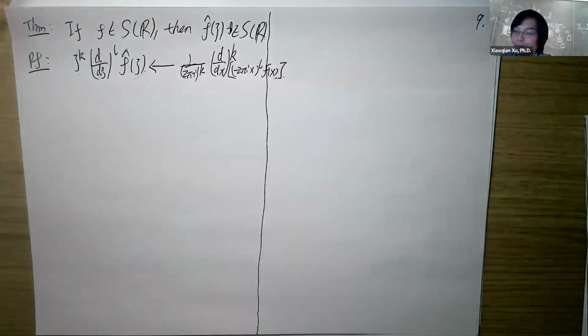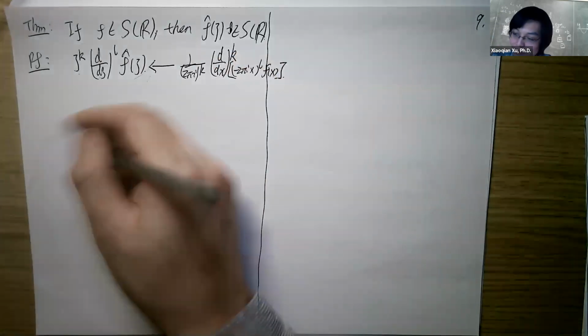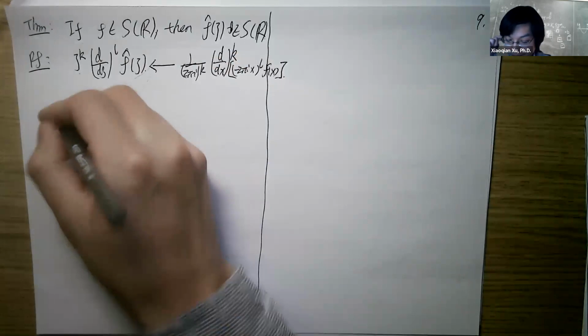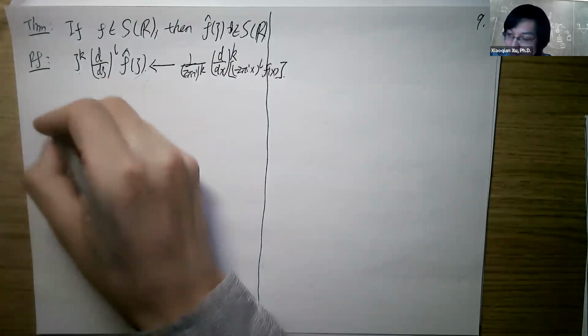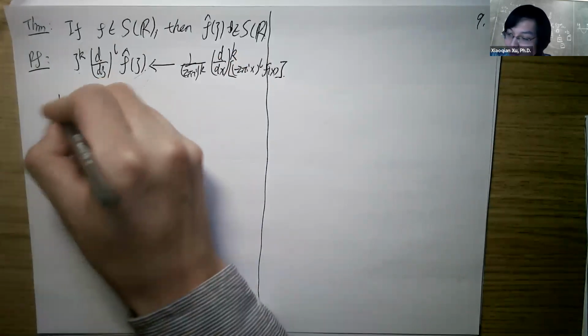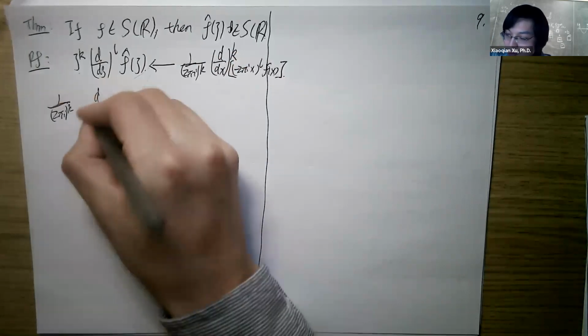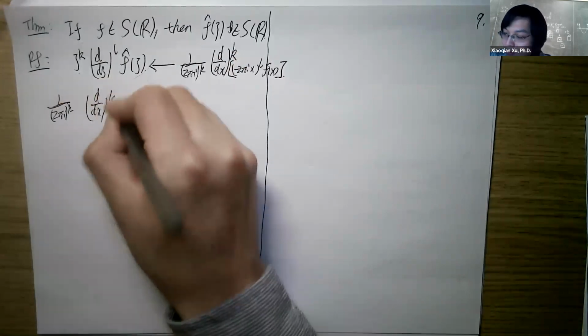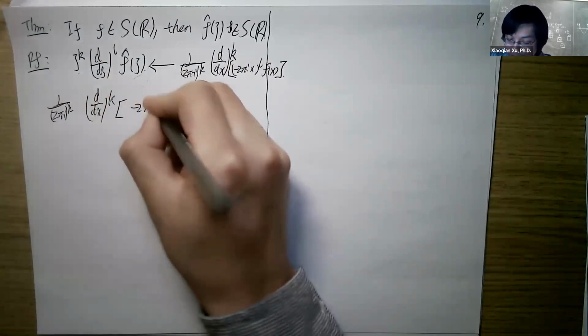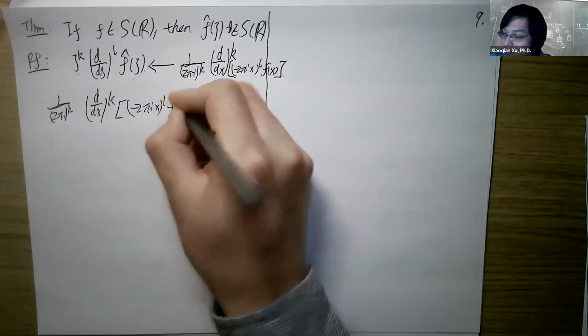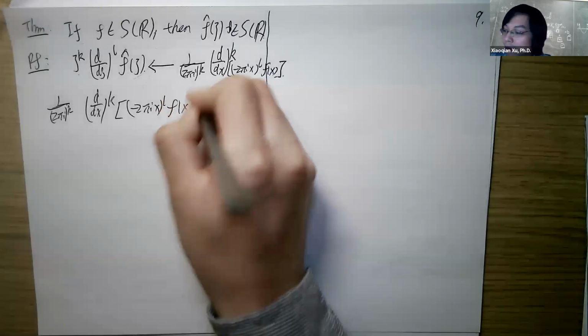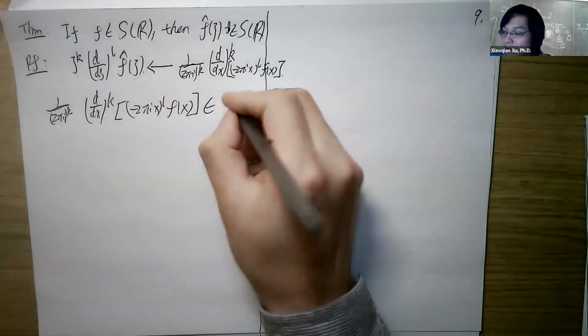So this function, 1 over 2πi to the power k, where you take some derivative and some multiplication of f(x), is a Schwarz function for sure.